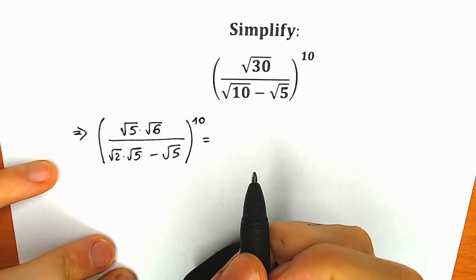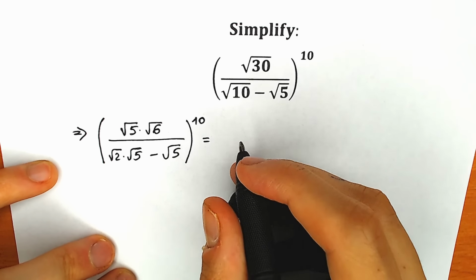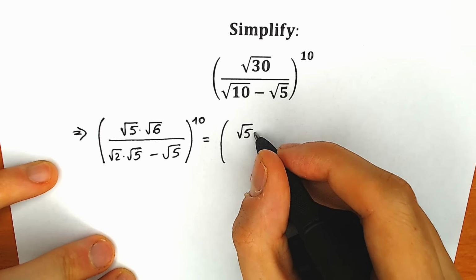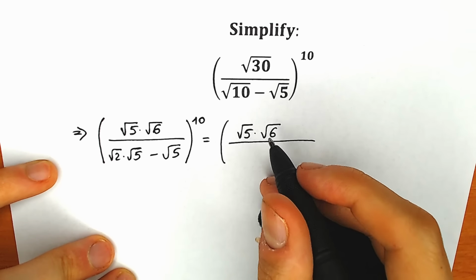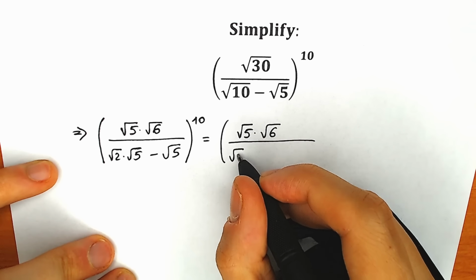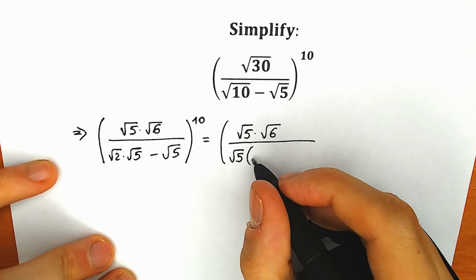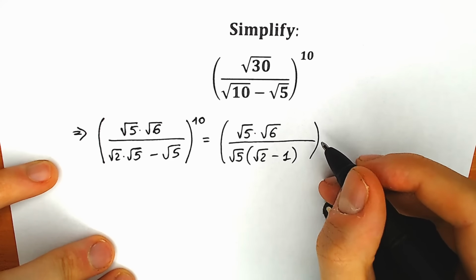Right now, if we look closely from a different perspective, in our denominator we can factor out this square root of 5. So we have square root of 5 times square root of 6 in our numerator, and in our denominator we have square root of 5, factored out, and in parentheses square root of 2 minus 1, raised to the power 10.